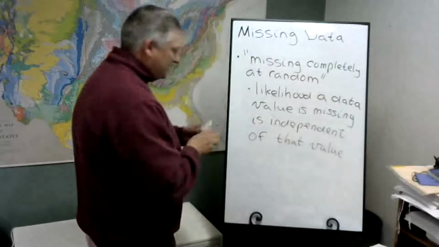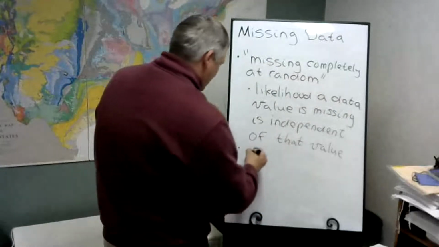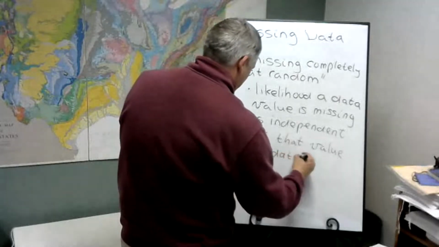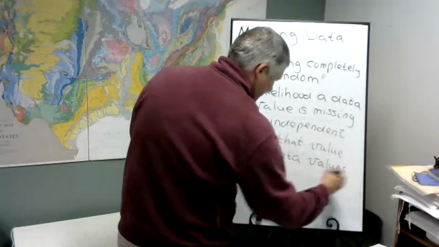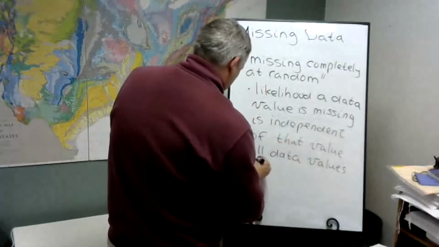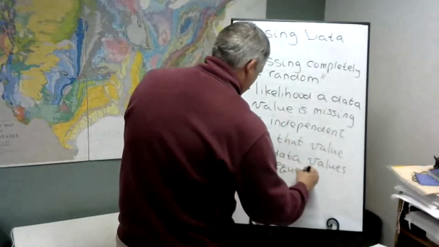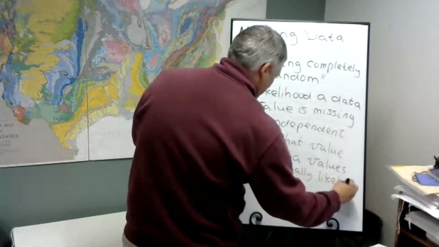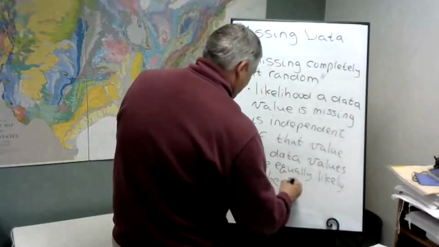And then they summarize it. Another way of putting this: all data values are equally likely to be missing.